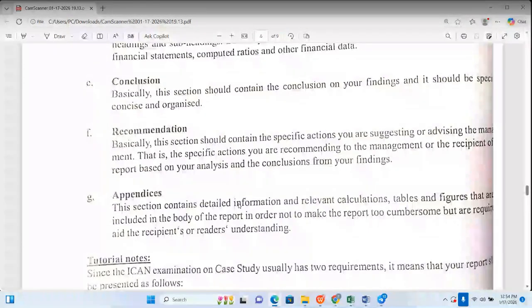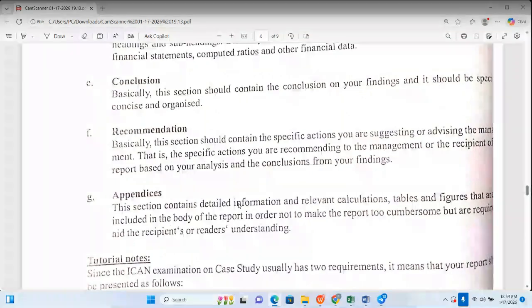That is your recommendation. Let us say maybe they bring you three years and you have done analysis for the three years. In a summary, they were talking about the impact of COVID-19 on the company, how the company had been performing well, but in 2020, 2021, 2022, their profit started declining.